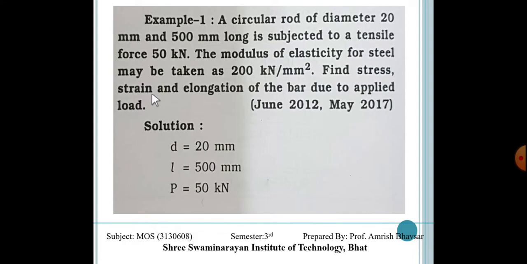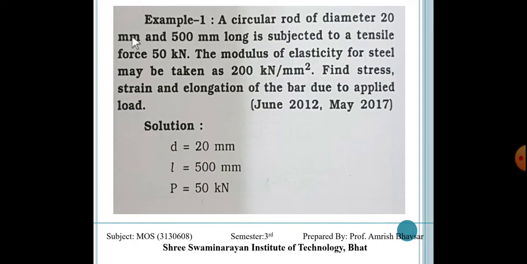Find stress, strain and elongation of the bar due to applied load. What we are going to find is stress, sigma; strain, epsilon; and elongation, delta L.